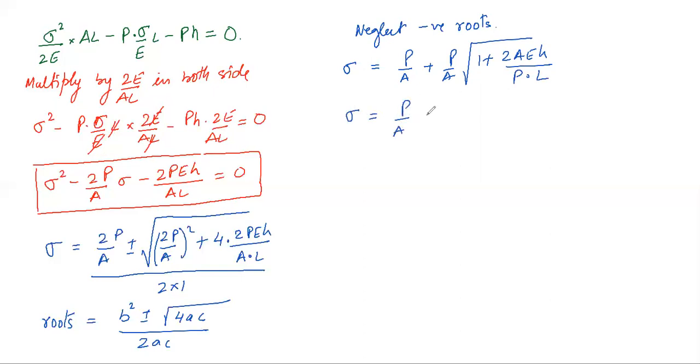You can take the common value of P by A, so sigma is equal to P by A into (1 plus under root of 1 plus 2AEH by PL), right? After knowing the value of sigma, the strain energy can be obtained, right?